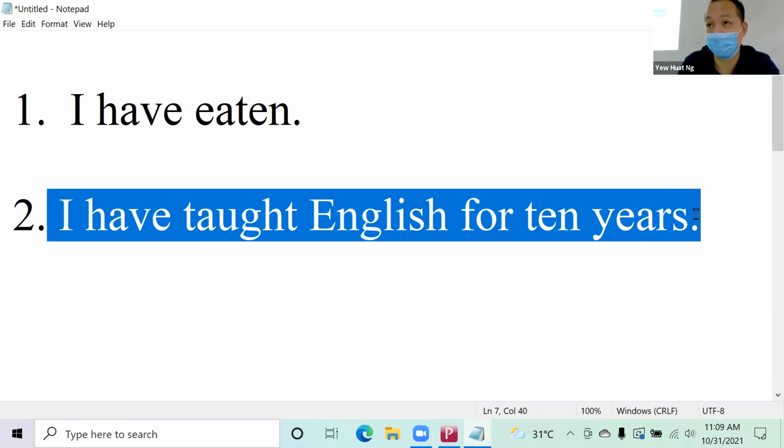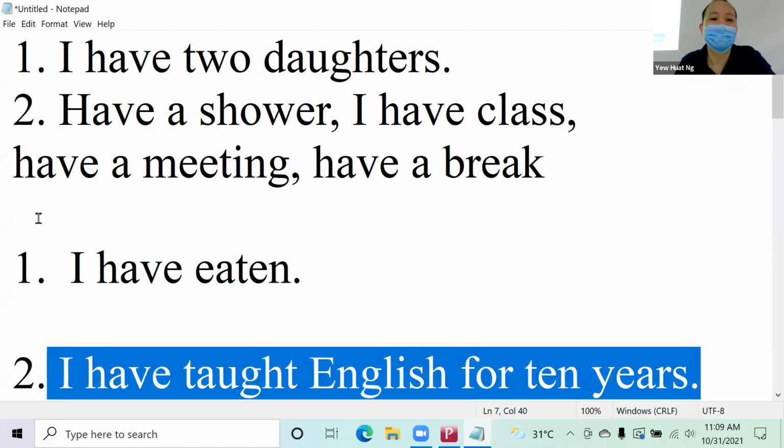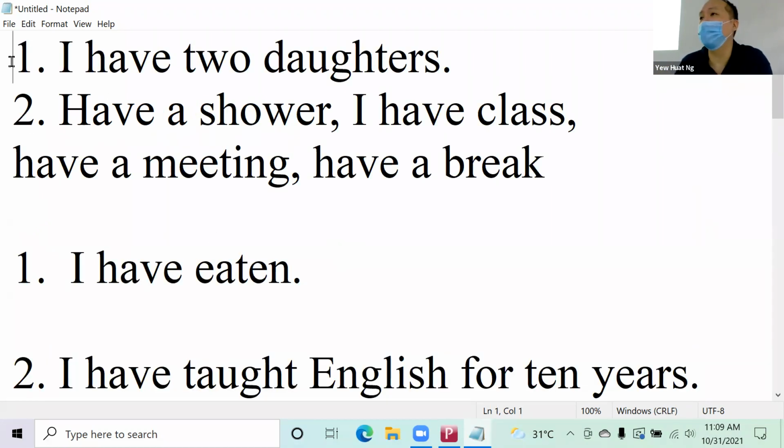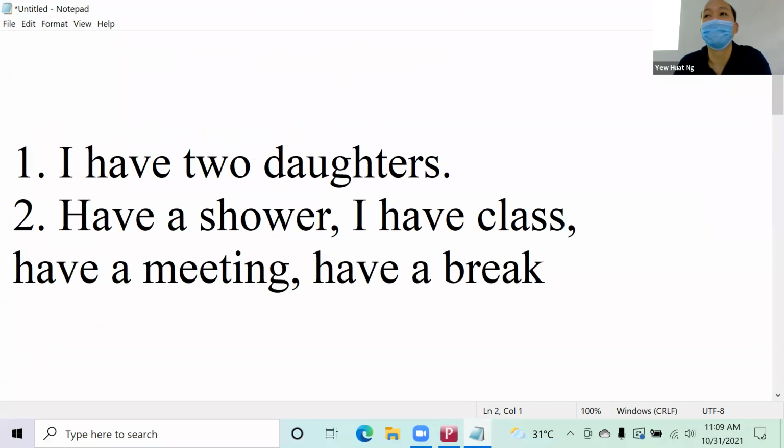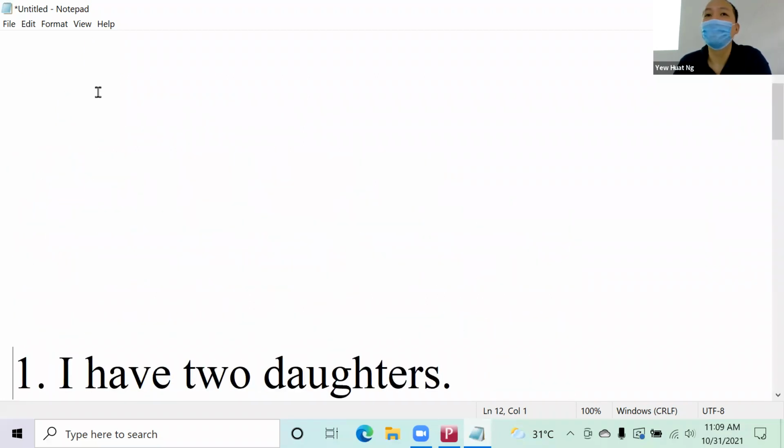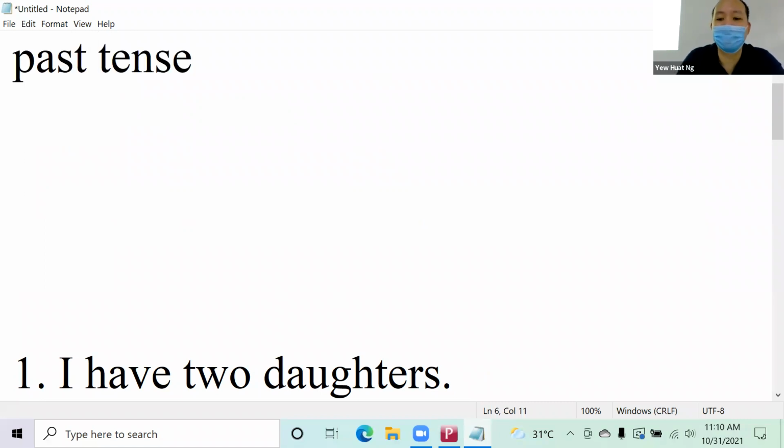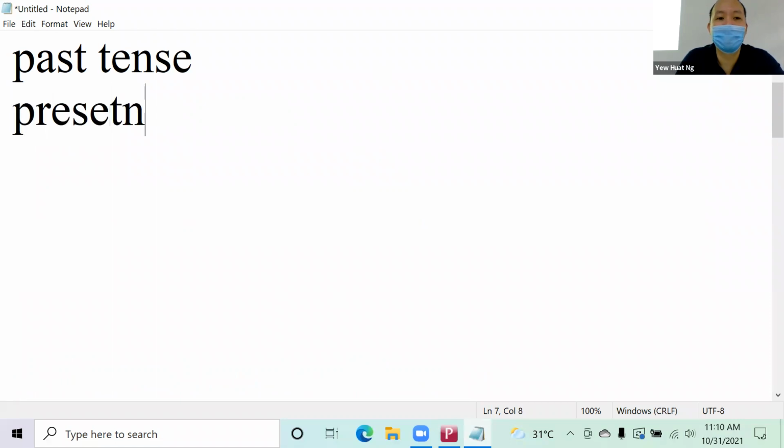Yes. Okay. Any questions? No. I do. I have a question. So 过去时 and 现在完成时有什么区别？How do you use past tense? And how do you use present perfect?